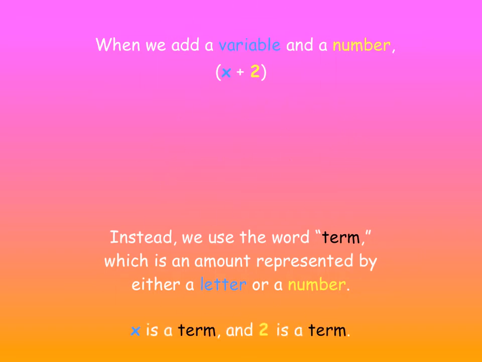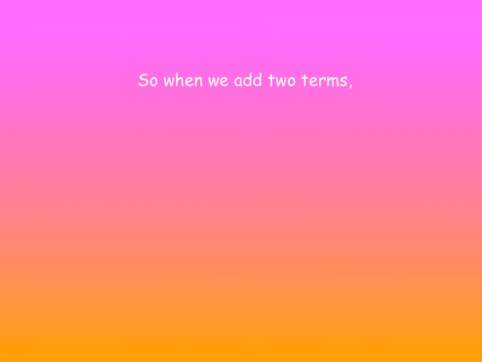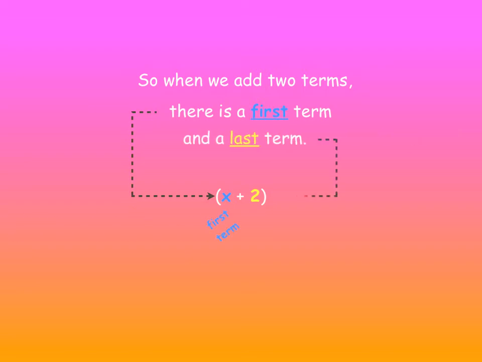So x is a term, and 2 is a term. We just call them terms. So when we add two terms, such as x plus 2, there is a first term, and there is a last term.